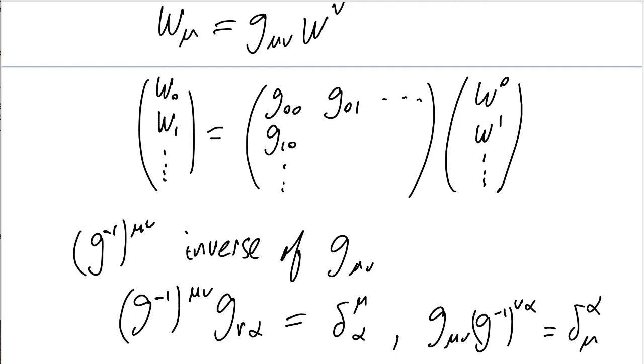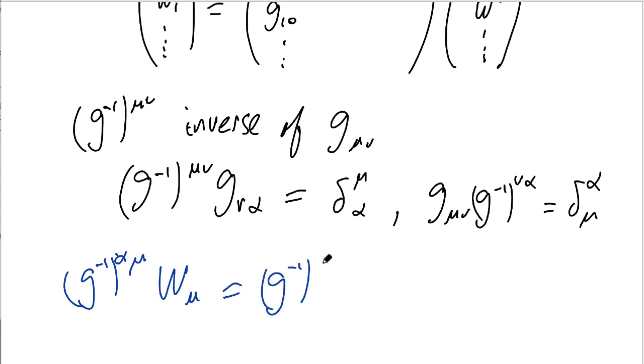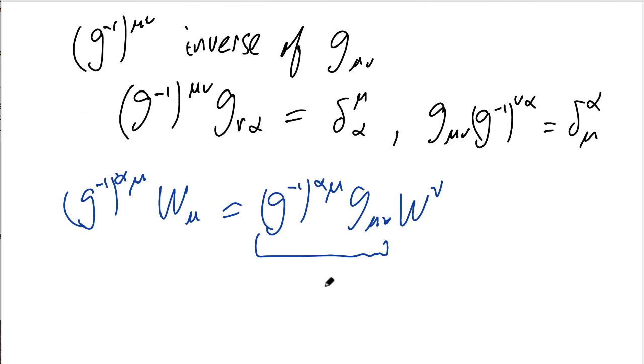All right, so returning to our expression here, we just multiply through by the inverse of G. We have G inverse alpha mu W mu equals G inverse alpha mu G mu nu W nu. And now this is the Kronecker delta.